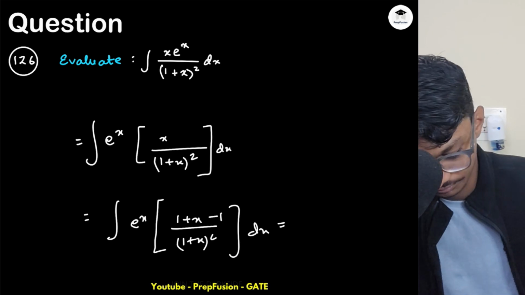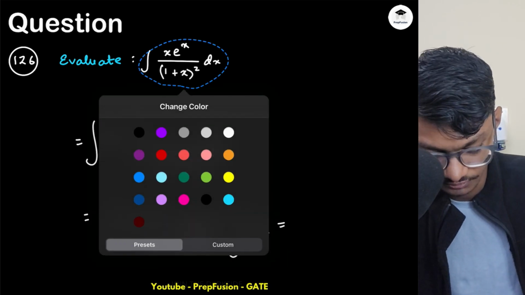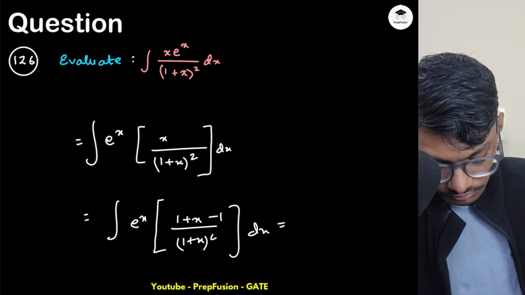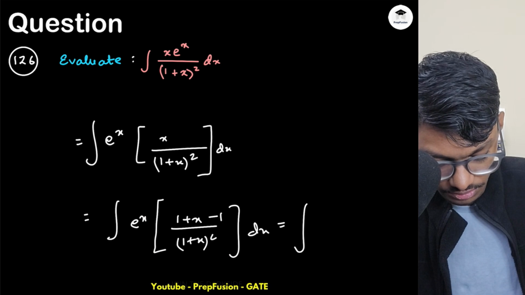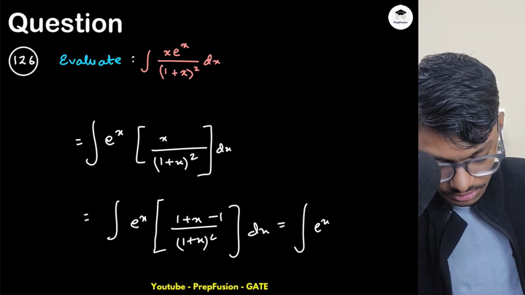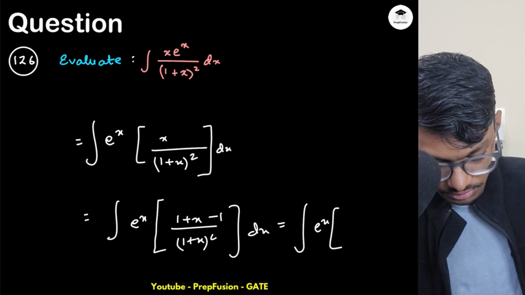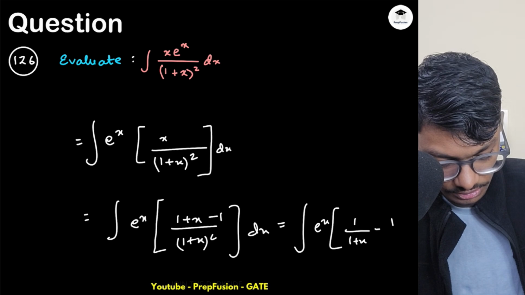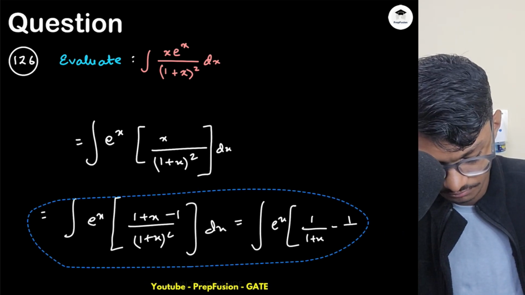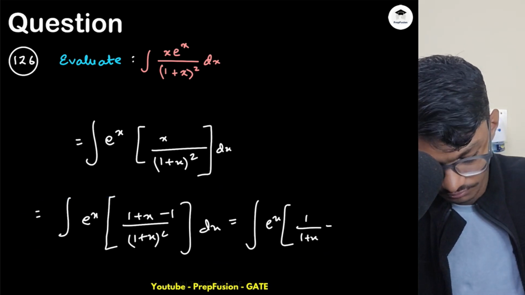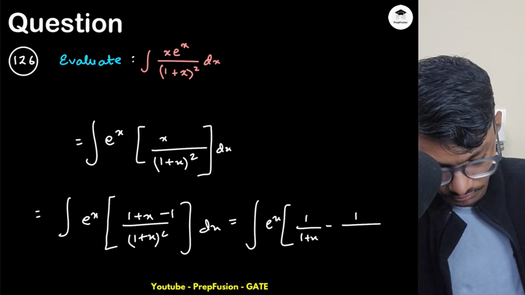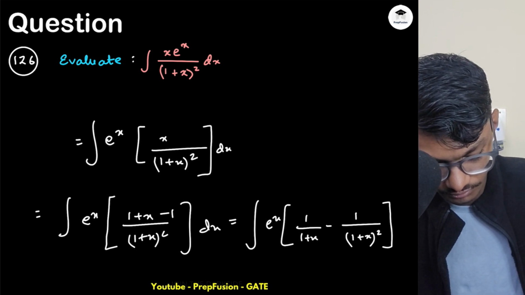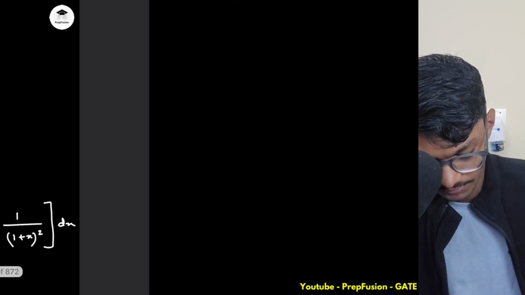So this will become, I can take some different color, this will become simply e raised to power x, 1 by 1 plus x minus 1 by (1 plus x) whole square, dx.